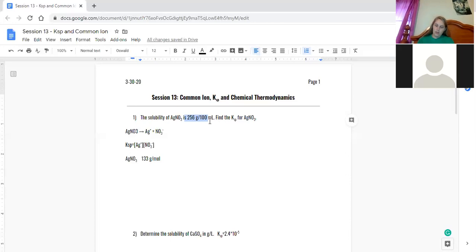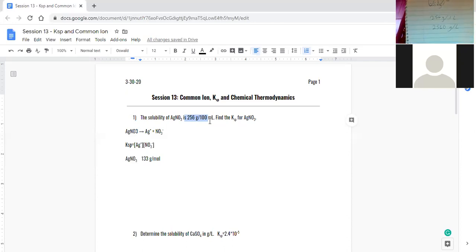I did that wrong. So we had 256 grams per 0.1 liter. If we move the decimal the other way, we have 2,560 grams per 1 liter.